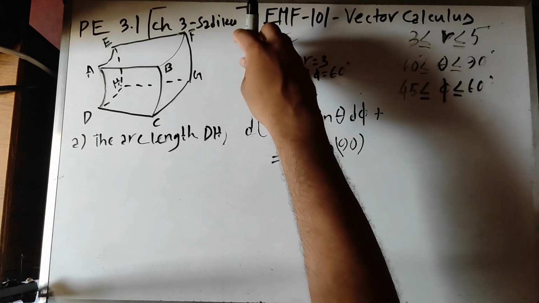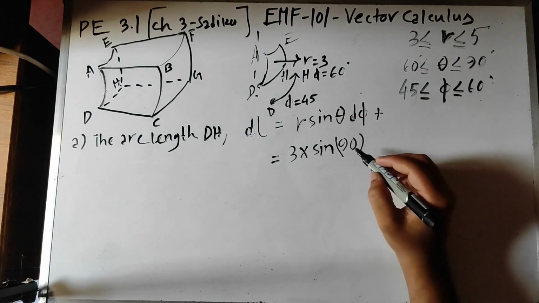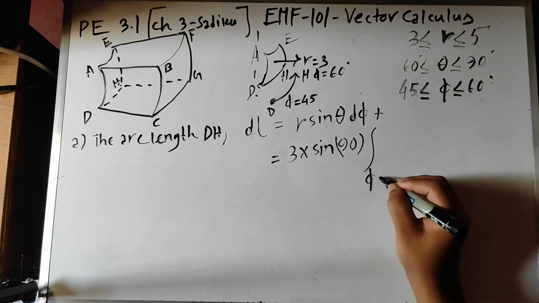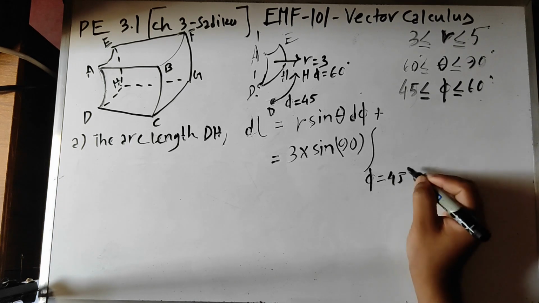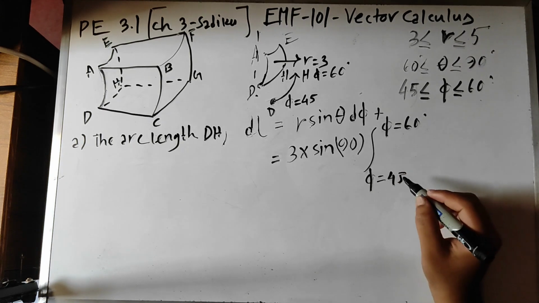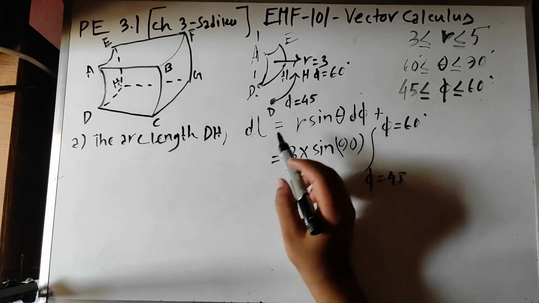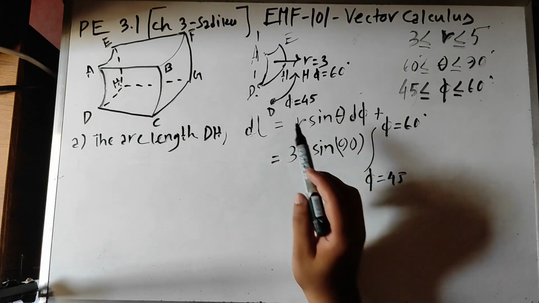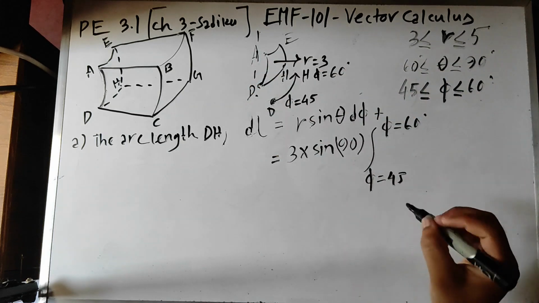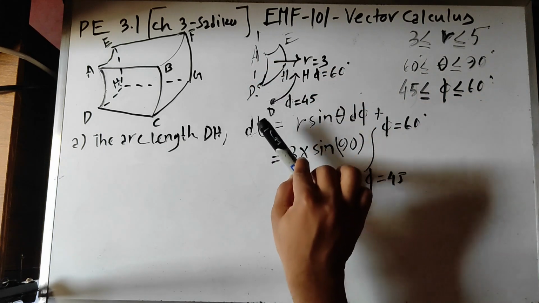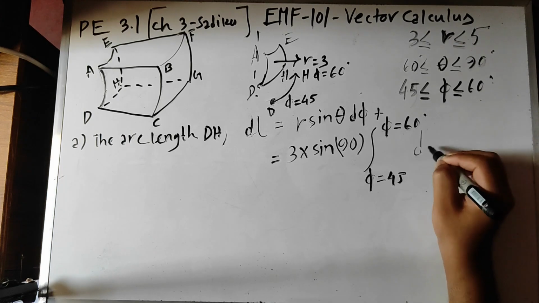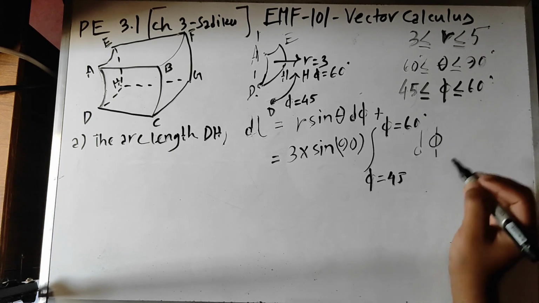This is rotating like this, and we are going to integrate from phi equals 45 to phi equals 60. So the arc is moving like this, from 45 degrees to 60 degrees, which is d phi.